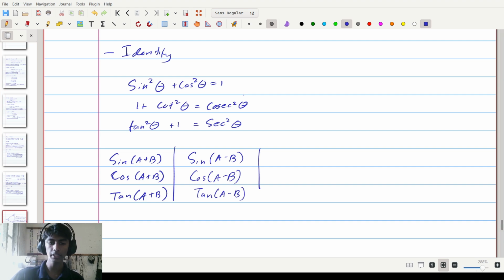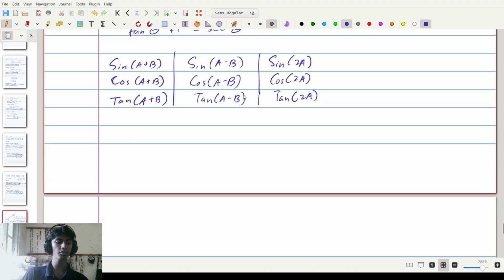And then we found special cases of this where we have A and B being equal, so we found sine of A plus A, or sine of 2A, which I'm going to actually write here in this summary as sine of 2A. Then we found the cosine of 2A, and finally we found the tangent of 2A. Now with this, we then moved on to a different sort of subtopic.